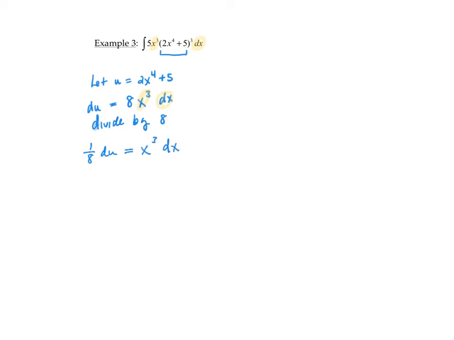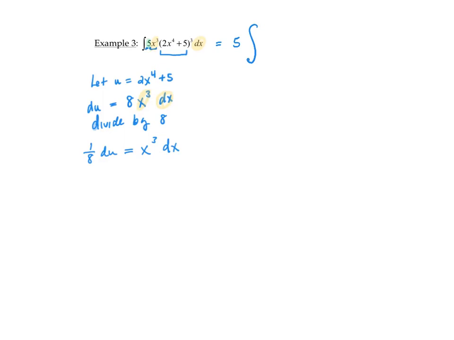Okay, so just hang on to that for a second. So in place of the x to the third and the dx, we're going to put in 1/8 du. All right, remember that constants can always be pulled out in front. So this 5, we're going to rewrite it right in front of the integral sign. So pull that 5 out in front of the antiderivative. Okay, so the 5 is taken care of.